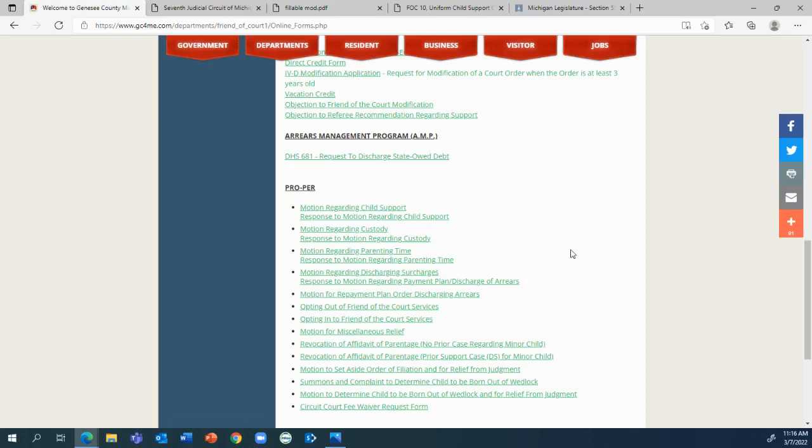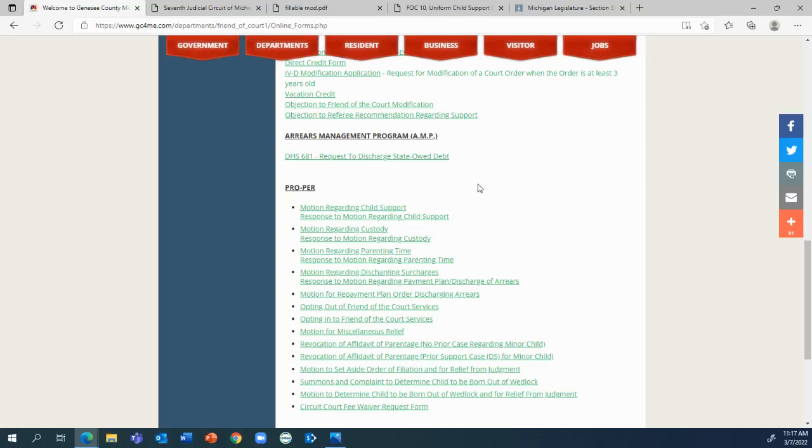So these are packets with a form called a motion, which is a way of asking the court to do something. It's a way of filing something formal, asking the court to do something. And today we're going to specifically be talking about the motion regarding child support, because we know that that is one of the most commonly used forms.